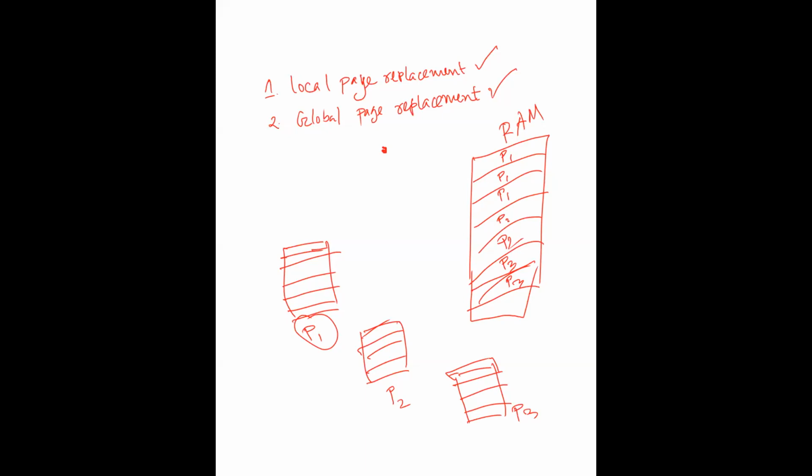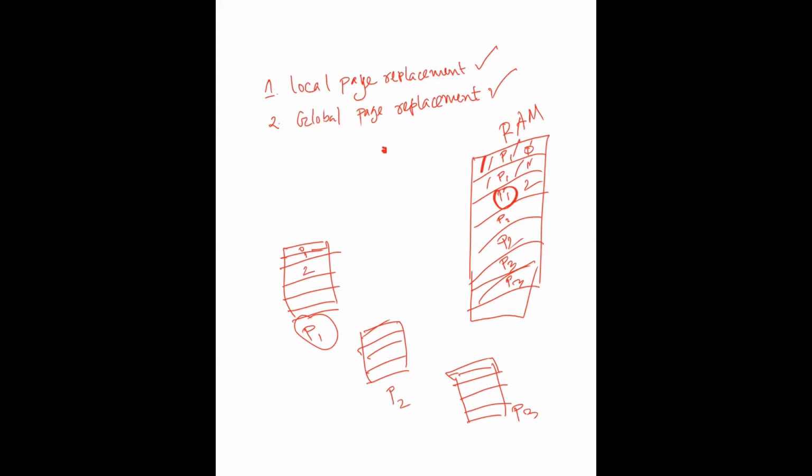So let's say after some time, your CPU asks for data for process P1. For process P1, there are a total of 3 pages available: page 0 is here, this is 1, this is 2.